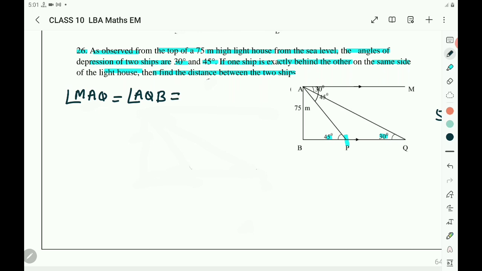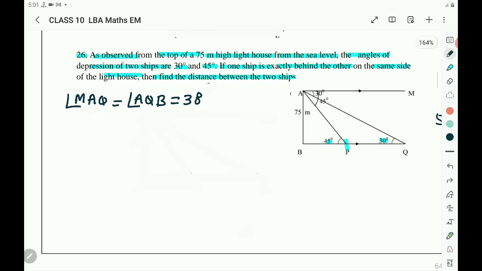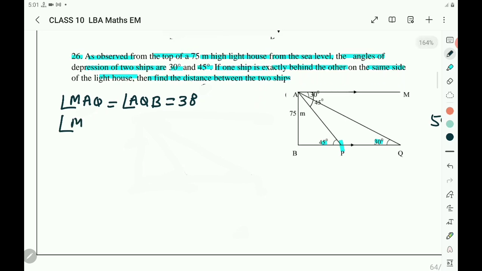Both are equals to 30 degree. And angle MAP is equals to angle APB. Both are equals to 45 degree.